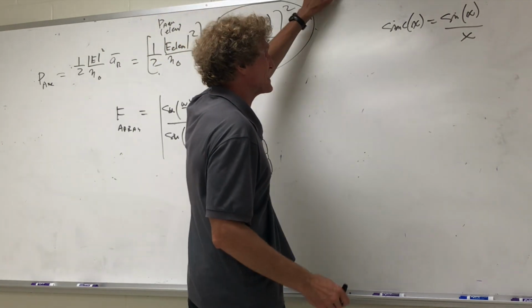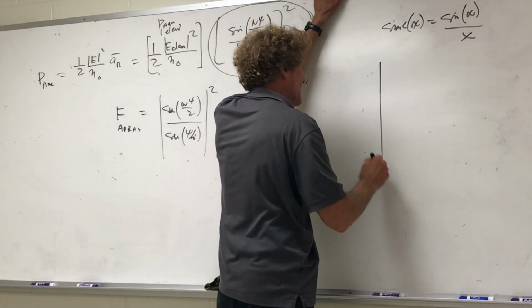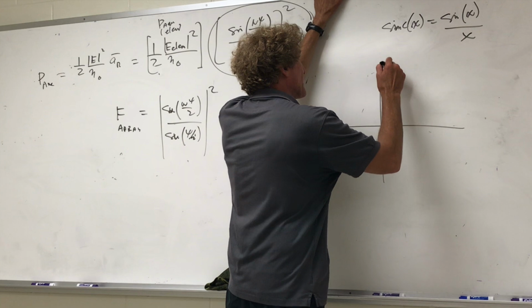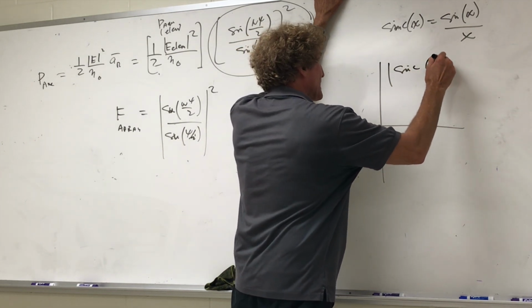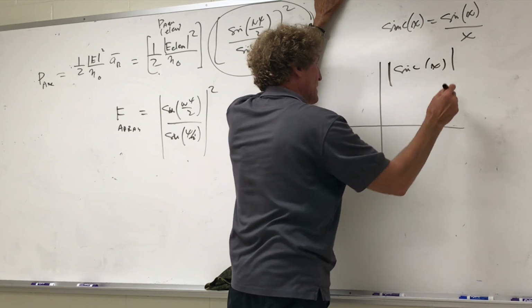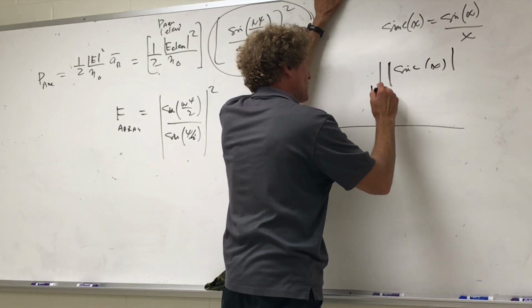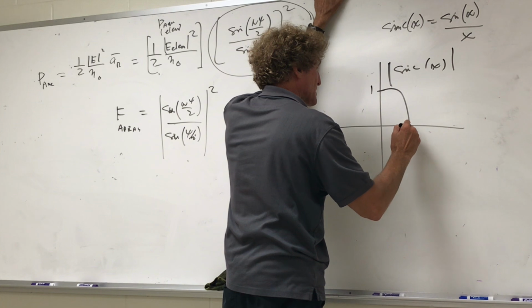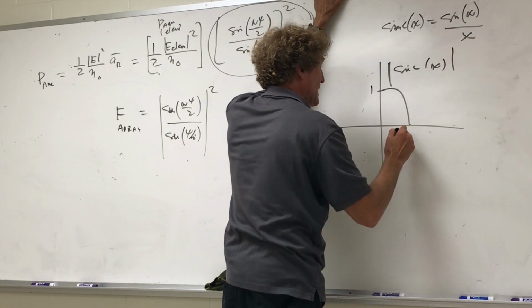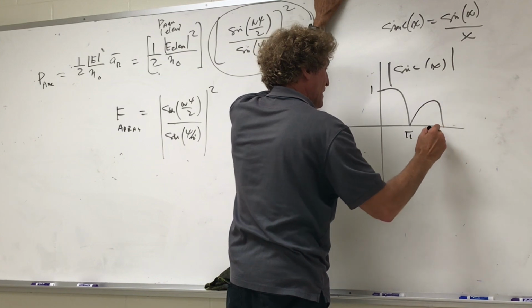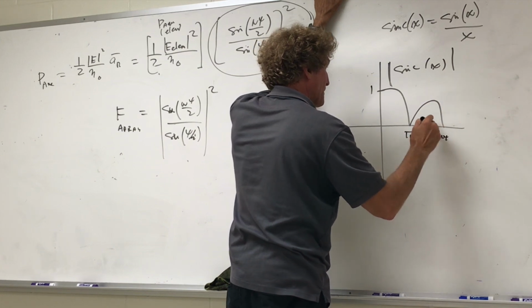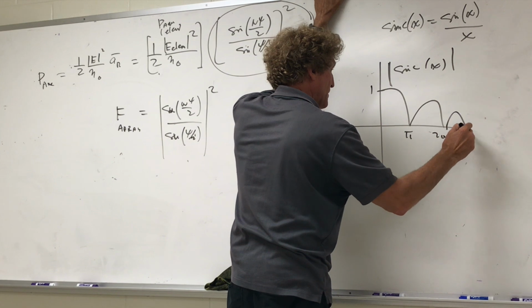If you plot this sinc function, just the magnitude of sinc of x, it does this. Starts at 1, goes to 0, and the 0 would be at pi, right? Then it would go up, and this would be 2 pi, down 3 pi.